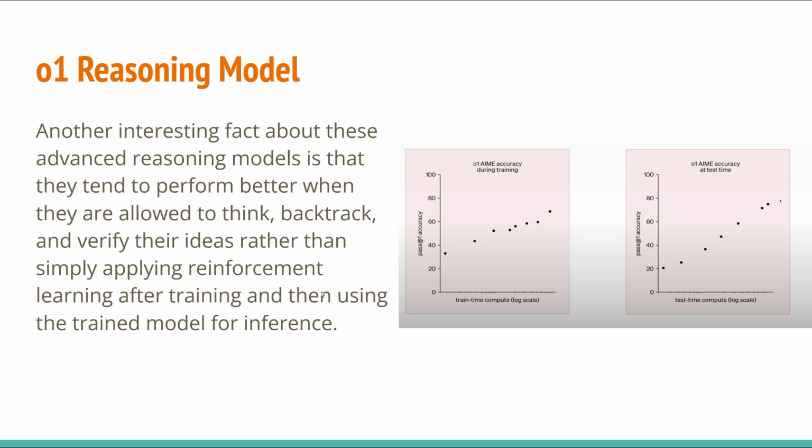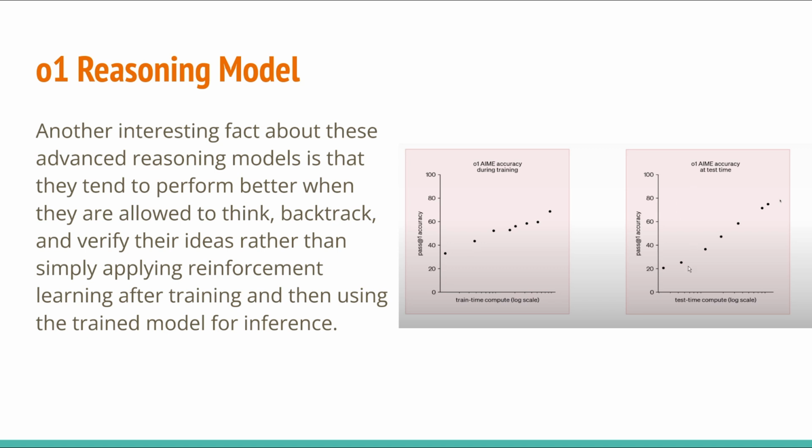Now, another interesting fact about these advanced reasoning models is that they tend to perform better when they're allowed to think, backtrack, and verify their ideas rather than simply applying standard reinforcement learning after training and then using the trained model for inference. You can see here on the left side that this is using just reinforcement learning after training the data.